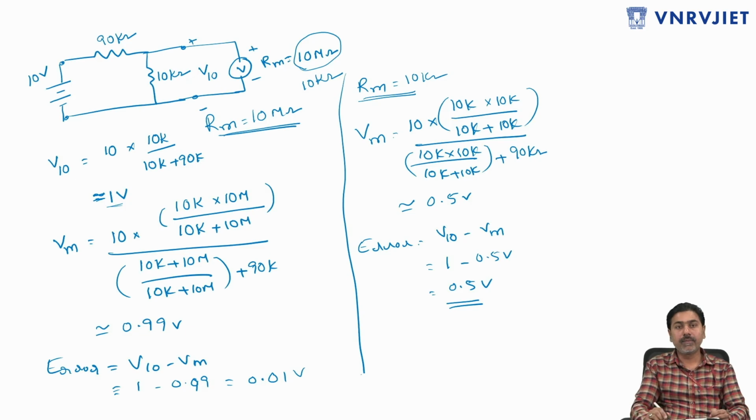So when we compare these two cases, we can understand clearly that when we connect the voltmeter to the circuit for voltage measurement, the internal resistance should be higher. So in these two cases, the 10 mega ohm internal resistance voltmeter is the most suitable device to measure the voltage with less error.